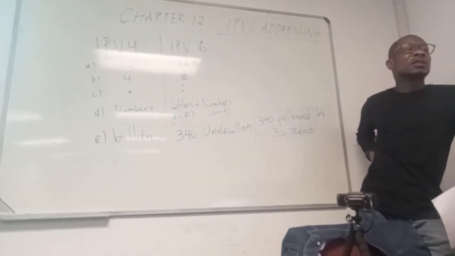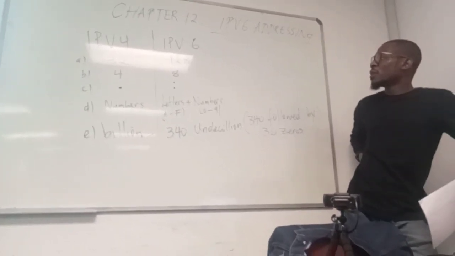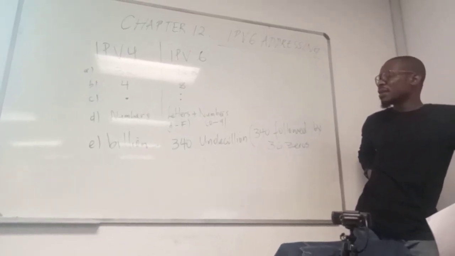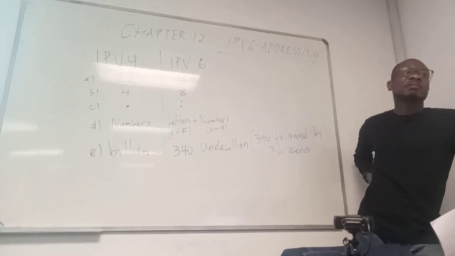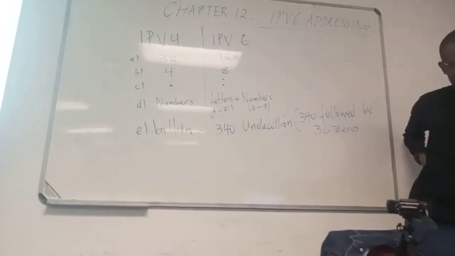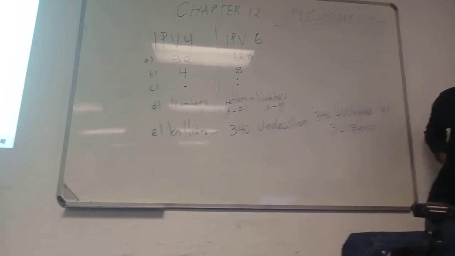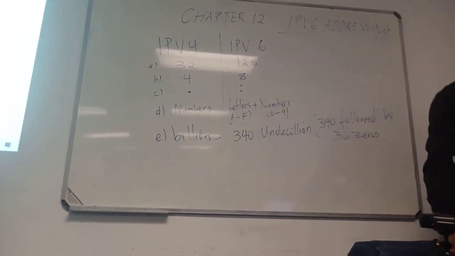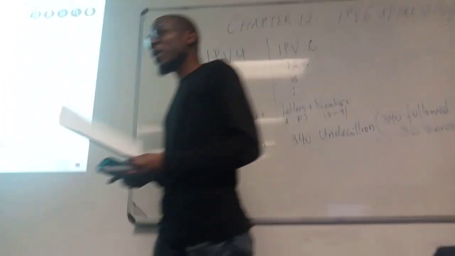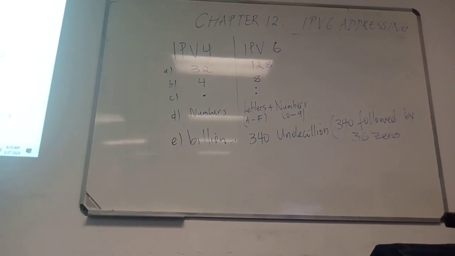When we're talking about IPv4, we're talking about billions of IPs. But when we're talking about IPv6, we're talking about 340 followed by 36 zeros. 340 undecillion.